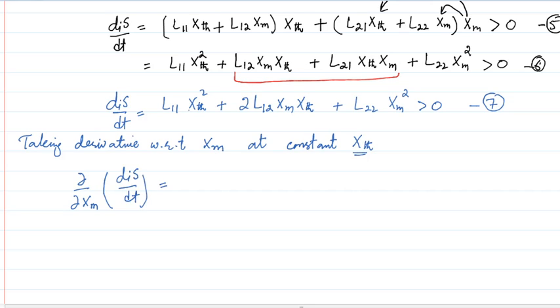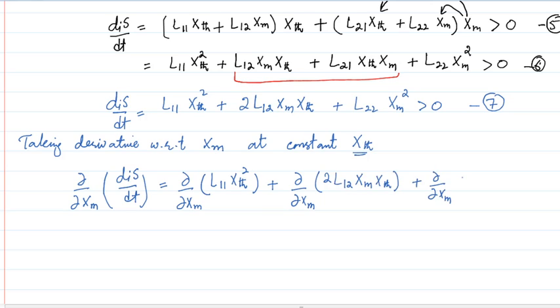So this will be simply equal to dou upon dou Xm into this L11 Xth square plus dou upon dou Xm 2 times L12 Xm Xth plus dou upon dou Xm L22 Xm square will be greater than or equal to 0. This is equation 8.